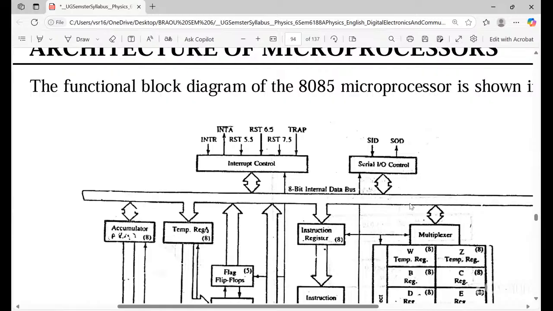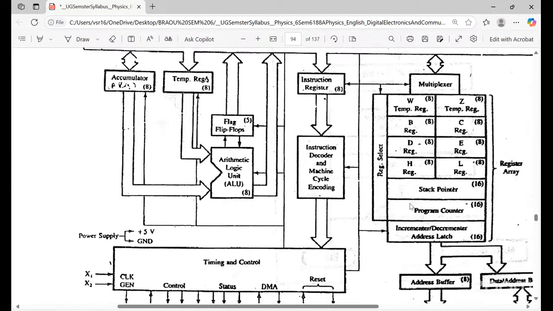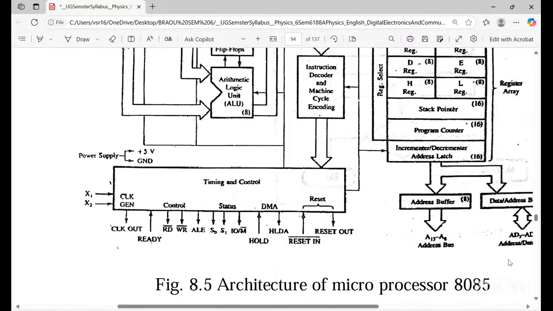I will play you one video regarding the architecture of the 8085 microprocessor.